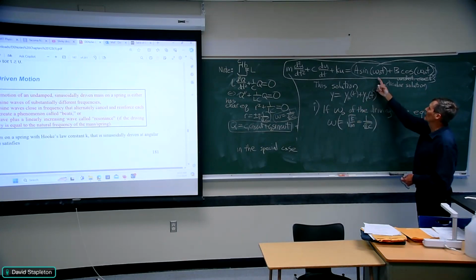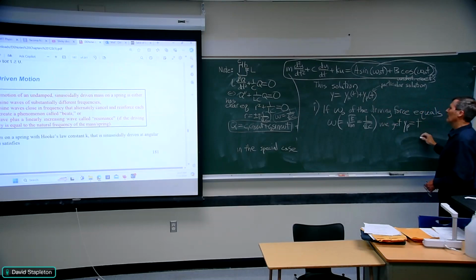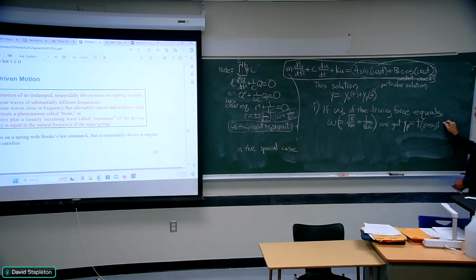Then the particular solution is not a sine wave. We get a particular solution that's t times a sine wave, t times, if you like, gamma cosine omega naught t, well, or omega t because they're equal, plus delta sine omega t.